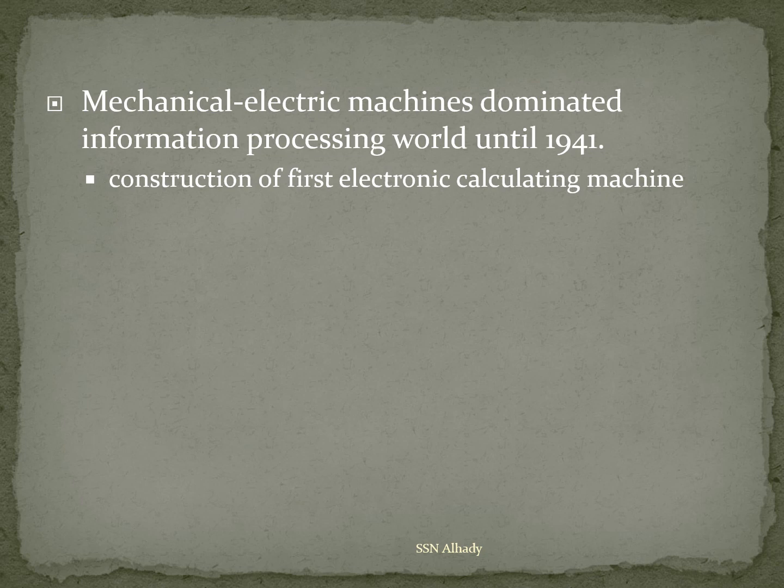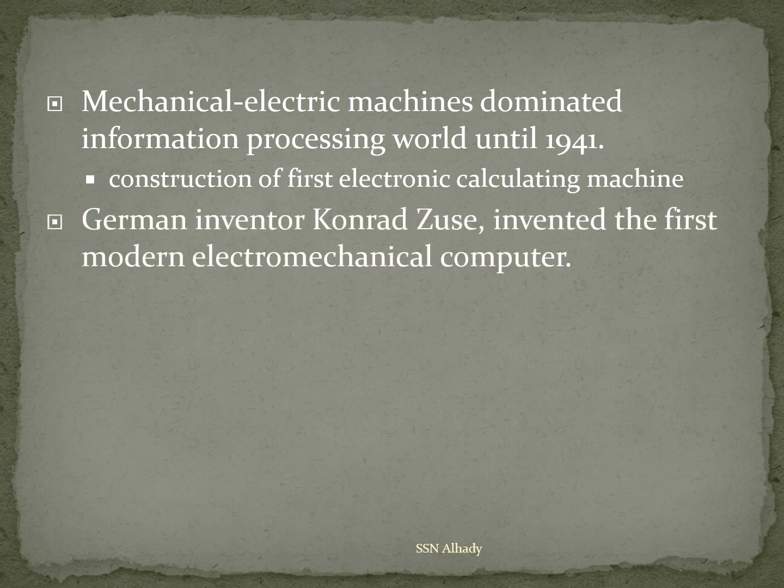And then mechanical electric machines dominated information processing until 1941. The combination of mechanical and electric led to the construction of the first electronic calculating machine, where German inventor Konrad Zuse invented the first modern electromechanical computer.